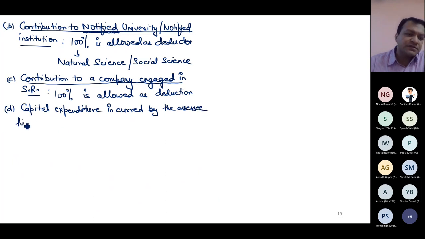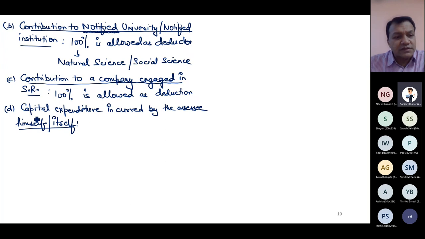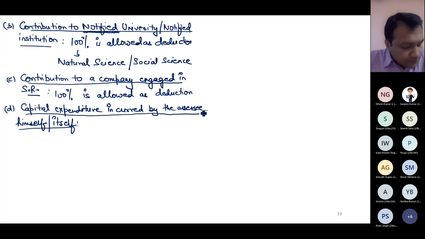Can you think of any capital expenditure? Sir, purchasing equipment for research. Equipment for research. Any other? Any other capital nature expenditure on scientific research? Sir, building in which the research is to be conducted.